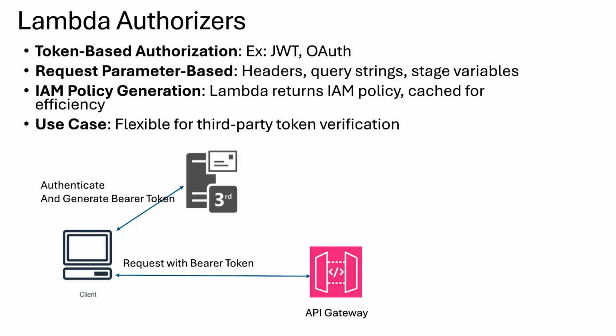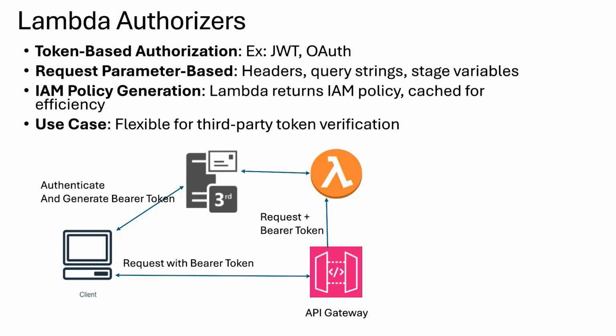Now API Gateway uses this request with the bearer token and calls the Lambda authorizer. This Lambda authorizer can hit the third party service and validate the request and bearer token.